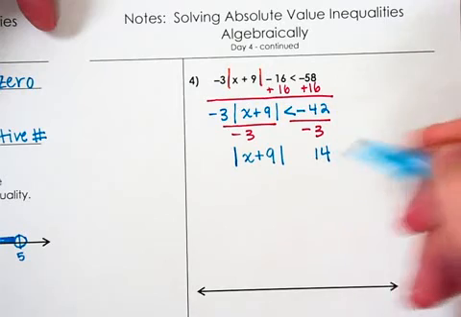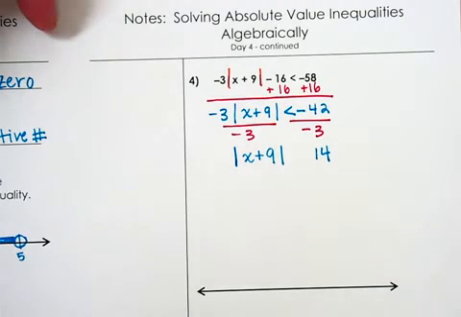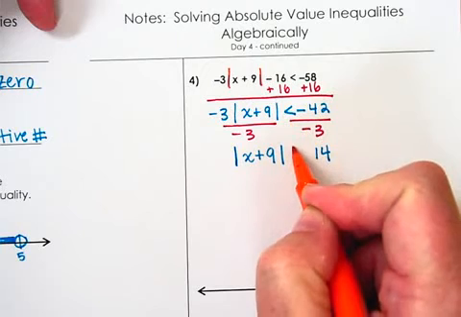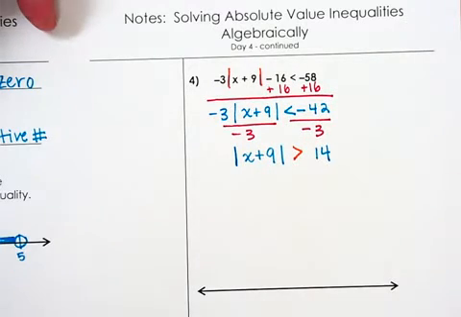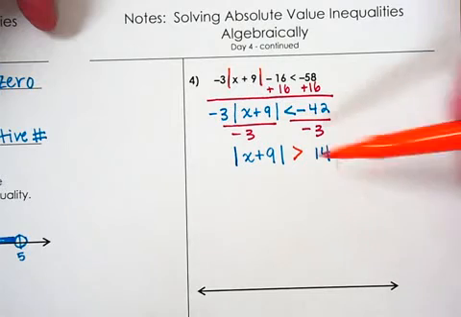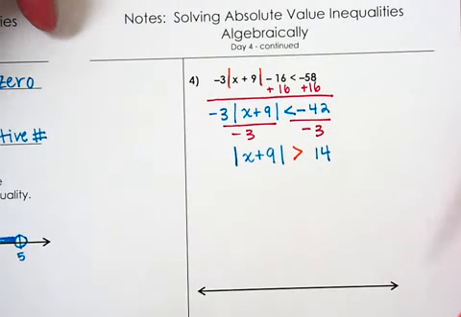And because I divided by a negative, right here is where the inequality changes direction. And then the negative divided by negative is positive. Okay, so down to the point where my absolute value is all by itself.